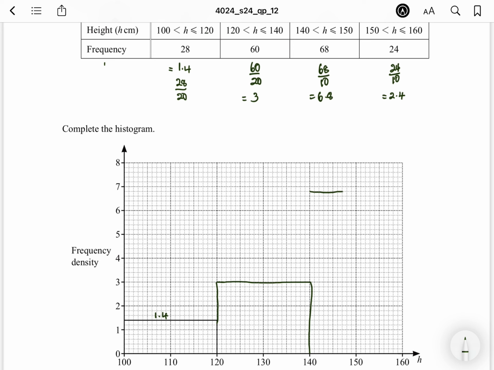Take note of the scale of the vertical axis. And then the last one would be 2.4. And that is how your histogram should look like to get that 3 marks, 1 for each bar.